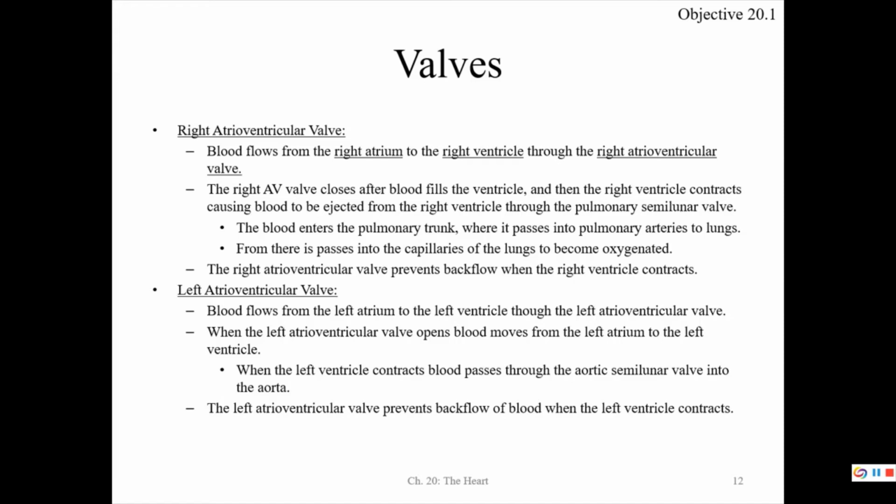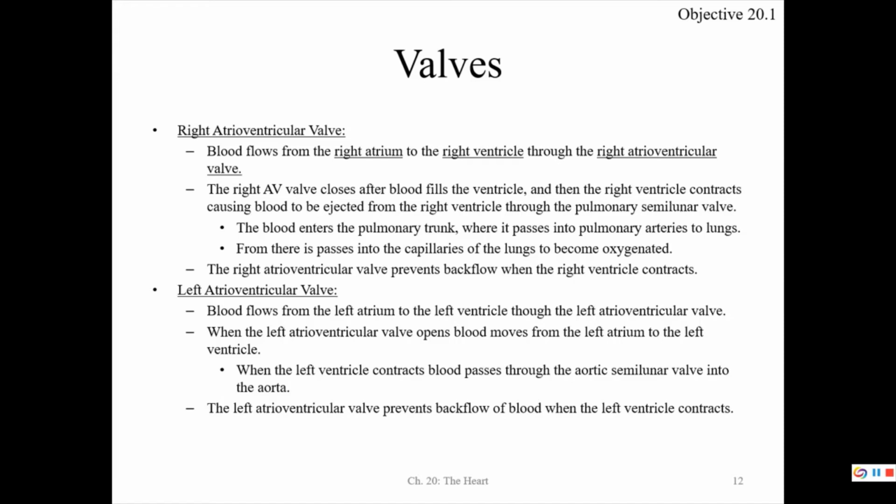Well, so does blood. Blood always flows from one chamber to another when one chamber squeezes on it and the other is relaxed. So blood flows from the right atrium to the right ventricle through the right AV valve, because the right atrium squeezes and pushes it through.